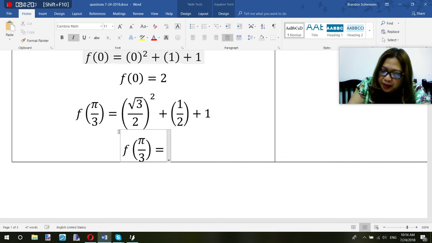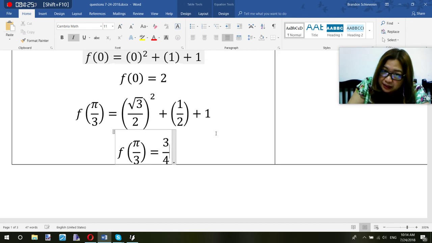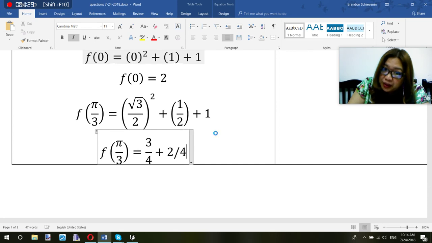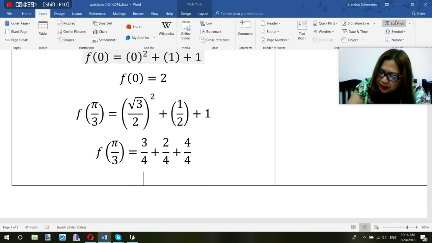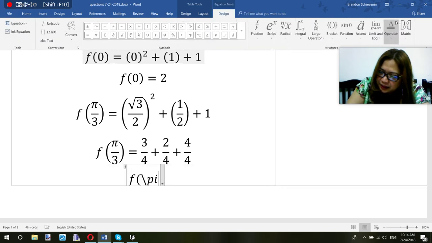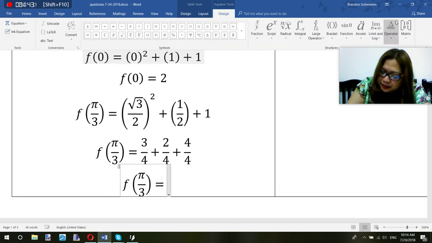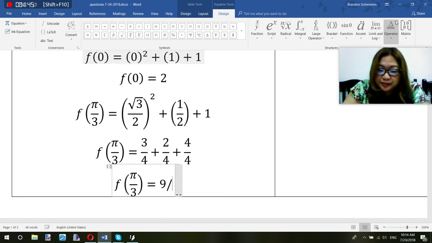That will become 3/4. Plus, I'm going to make all of these into fourths. So 3/4 plus 2/4 plus 4/4. That will give me 9/4. Okay, cool. 9/4.